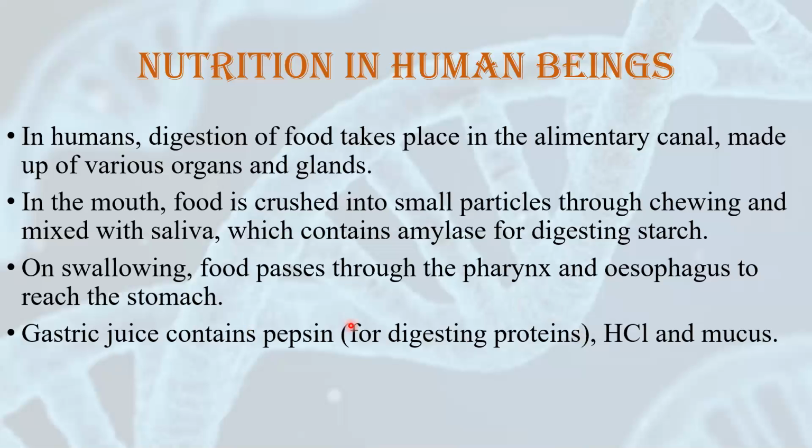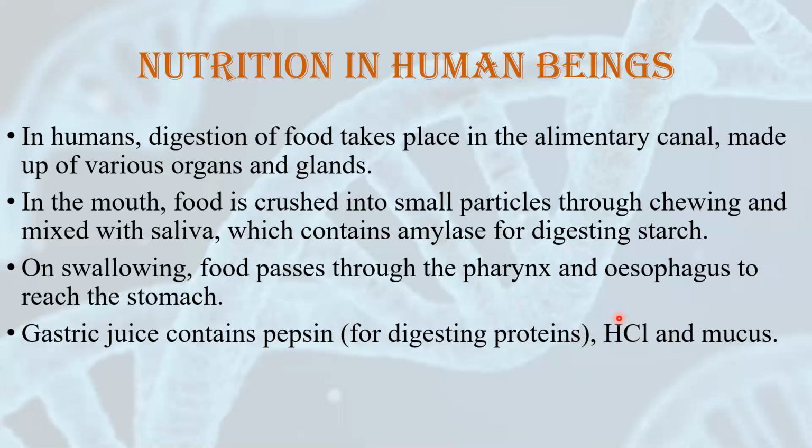Now there is one problem with pepsin. Pepsin can work only in an acidic medium. That means if acid is present, only then it will digest proteins. So to fulfill that condition, HCl is released from the inner wall of the stomach. HCl is an acid, and we all know that acids harm our skin.